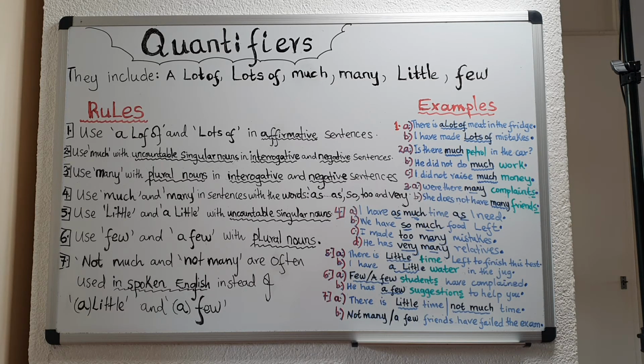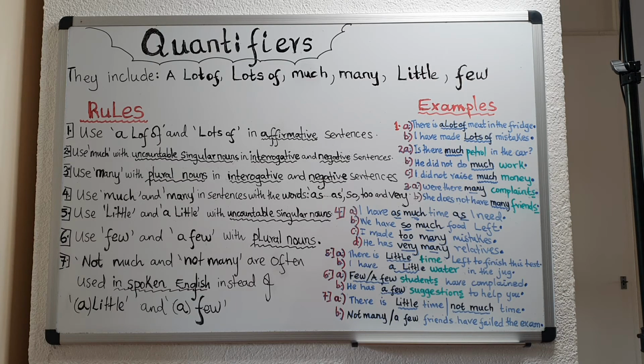That's why we're using much. And in the next one, we have so much food left. In that case, we also never talk about foods, so we have an uncountable singular noun. Remember rule number 2.